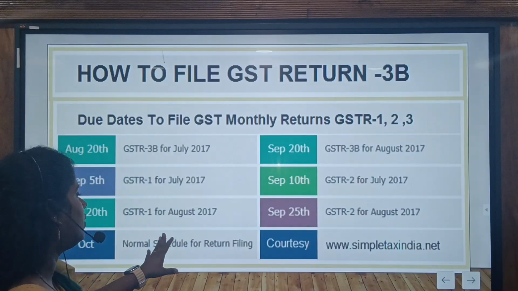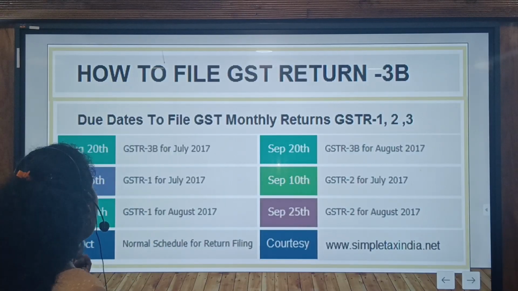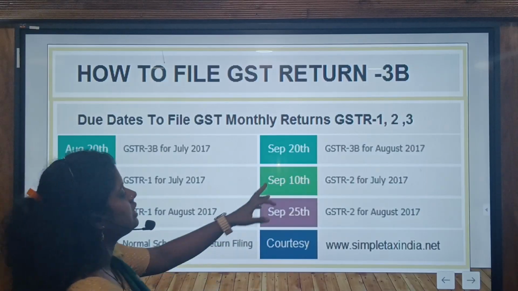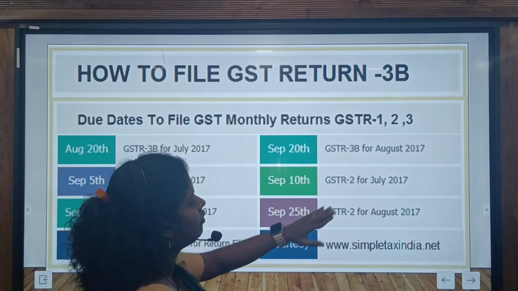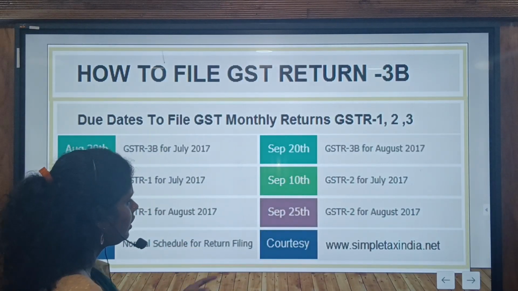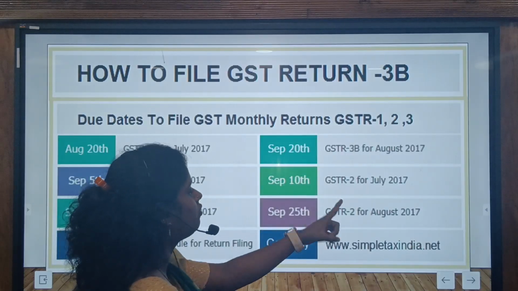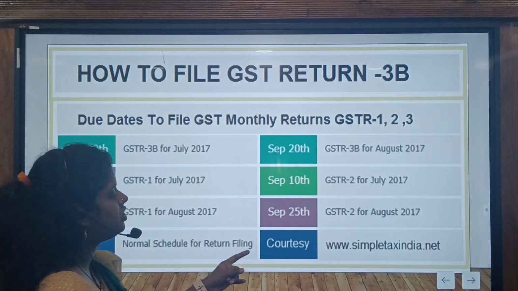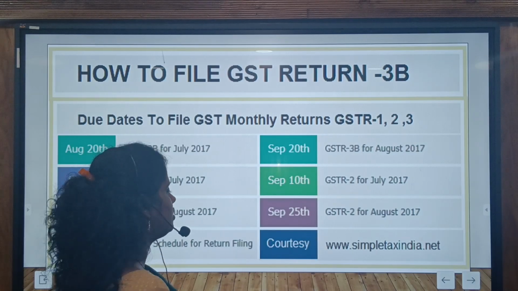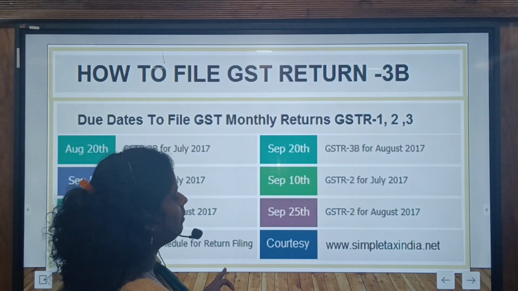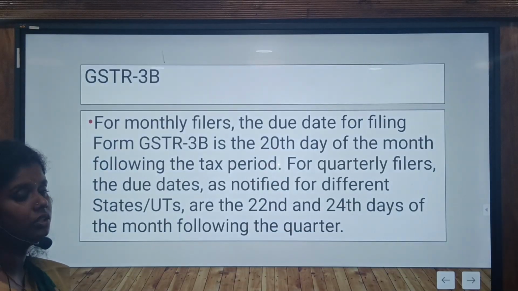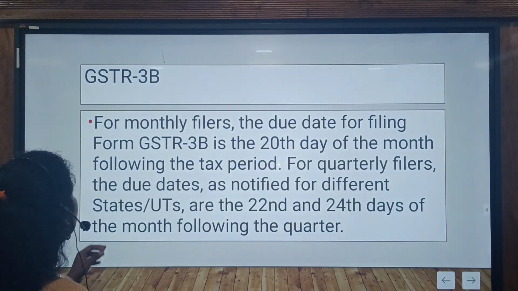September 20th for GSTR 1 for August 2017, and October normal scheme schedule. September 20th for GSTR 3B for August 2017. 10th for GSTR 2 for July 2017. September 24th for GSTR 2 for August 2017. We can get this knowledge from www.simpletextindia.net.